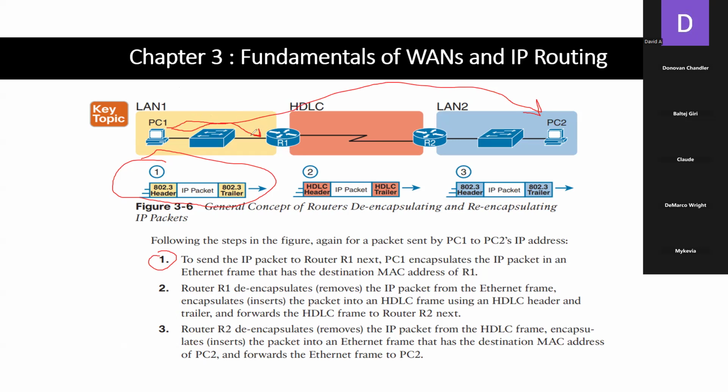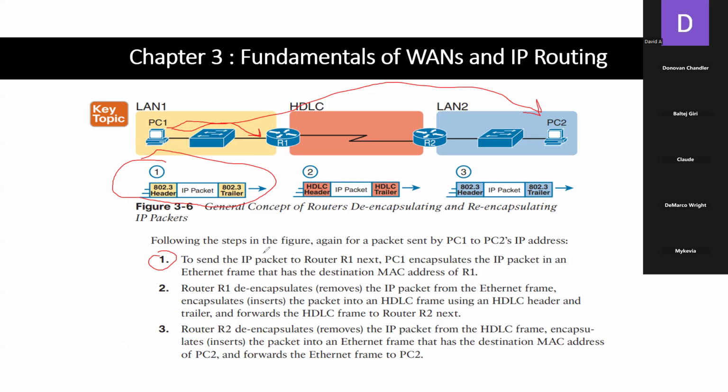The reason, and we'll talk about that in the future, is because of ARP, because of what they call a default gateway. That's where the destination MAC address is for his next hop, that he needs to send it to before he can get it to PC2.